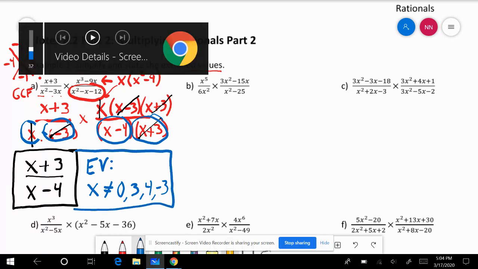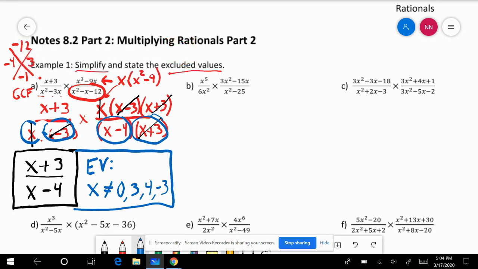Let's look at letter B. So looking at letter B, we're going to factor the top part right here using the GCF. Notice that those are all monomials, so we're going to leave them alone. x to the 5th and 6x squared.